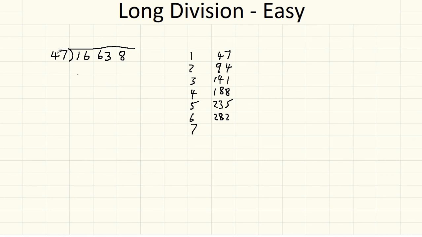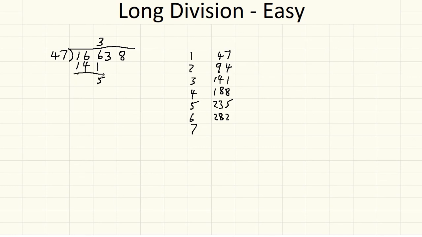Right, 47s into 1, can't do. 47s into 16, can't do. 47s into 166. That's going to be 3 times. So we put 3 in there. Remember to put it over the final column there of that 166. So 3 47s are 141.